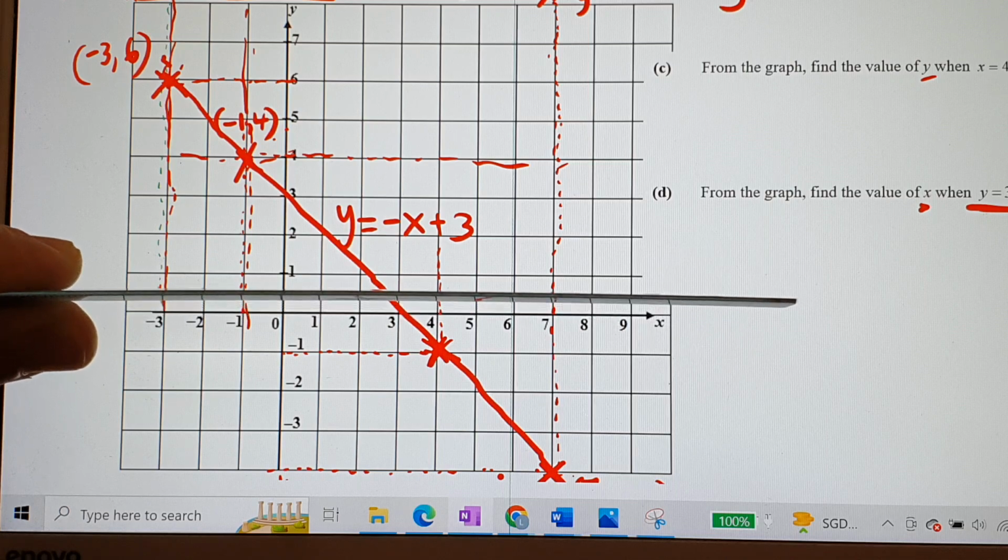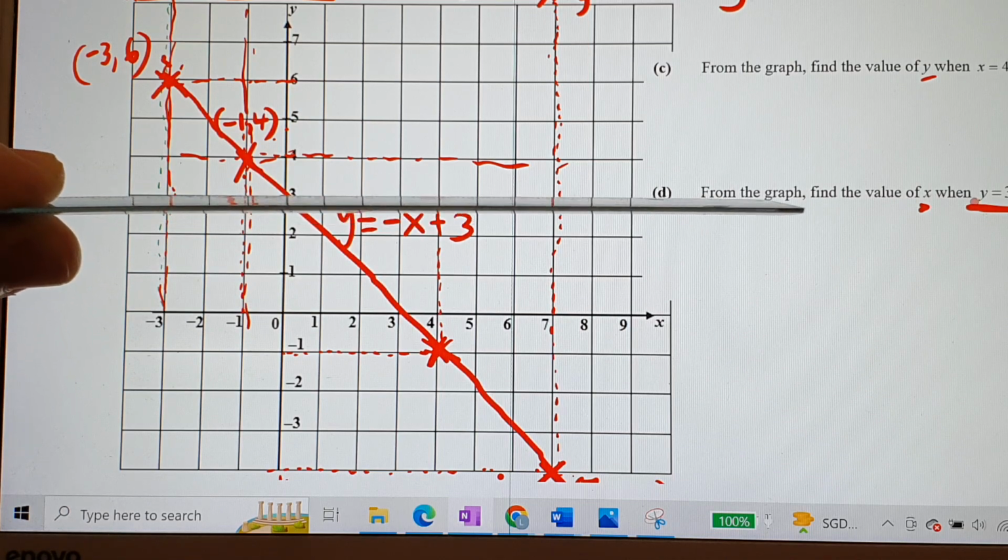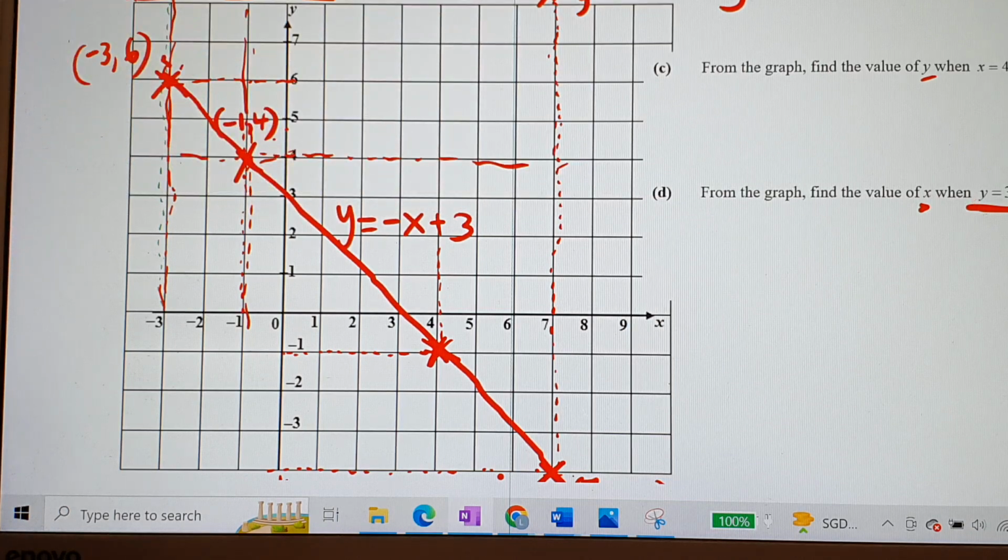So y equals 3 is here. This line here. When y equals 3, what is your x value? Here, right? You see your x value? 0, right? So answer is 0. That's it.